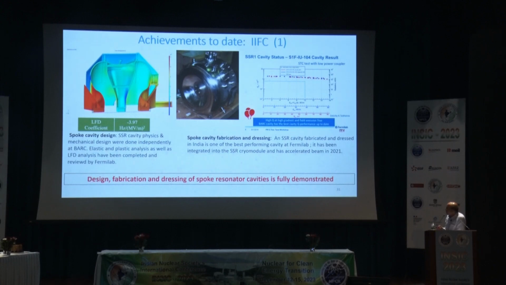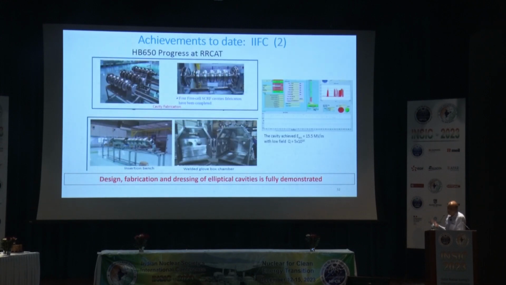And this is one of the best performing cavities which has been supplied to Fermilab, and is being used at Fermilab right now. The beam has been accelerated through this. So with this, we have confidence that we can make these cavities for our program. And these type of SSR cavities can go up to 200 MeV of energy.